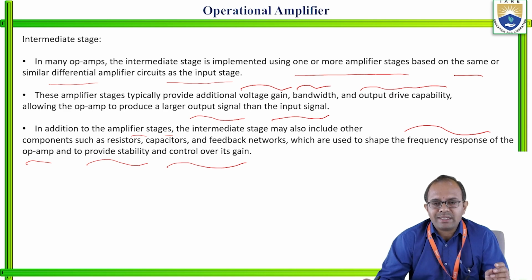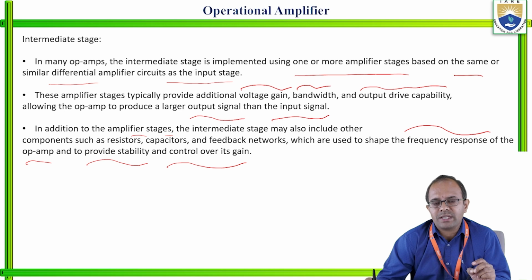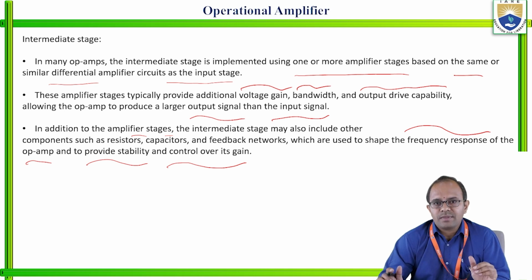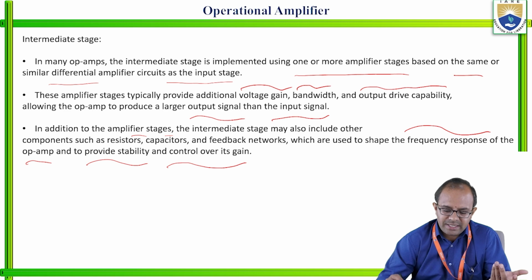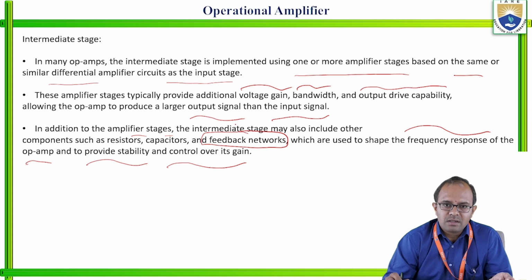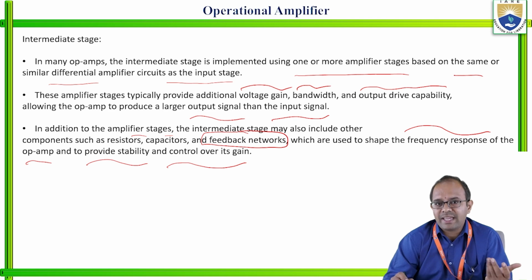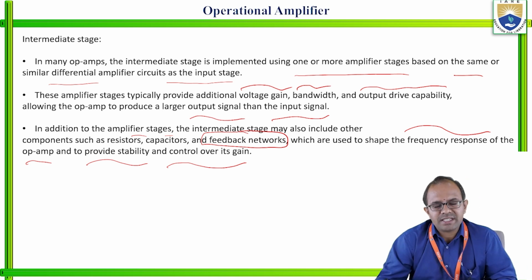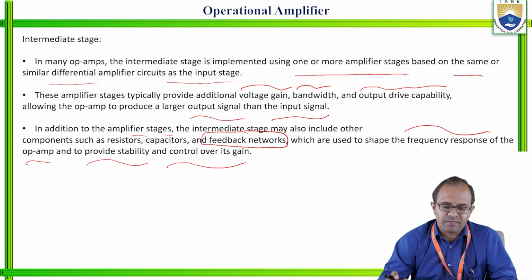So the output signal we achieve here is stable and has good control over the gain. The moment we say feedback, you should understand we are going to achieve stability in gain in the operational amplifier. So as a summary, the intermediate stage consists of differential amplifiers.